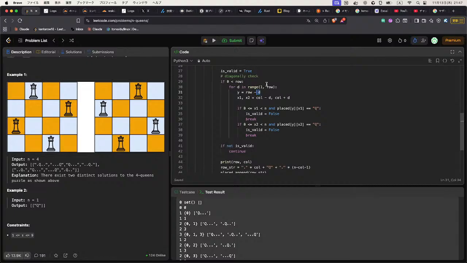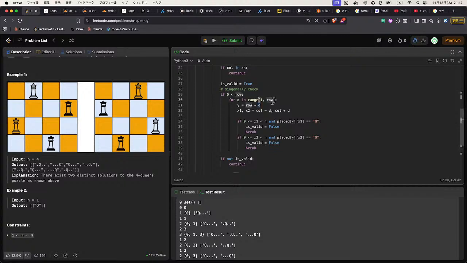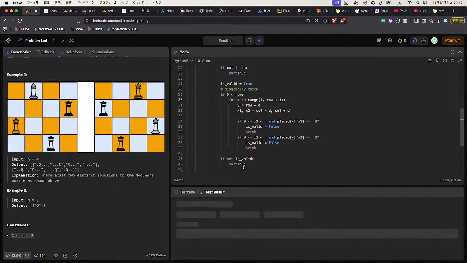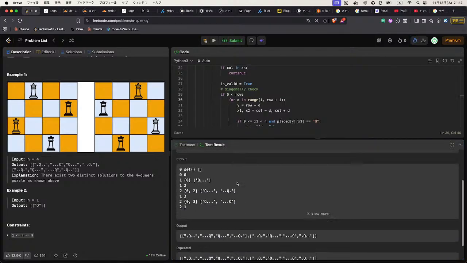Oh, wait. Row plus 1, right? When the row is 1, it should be 1. When the row is 2, it should be 1, 2. Okay.